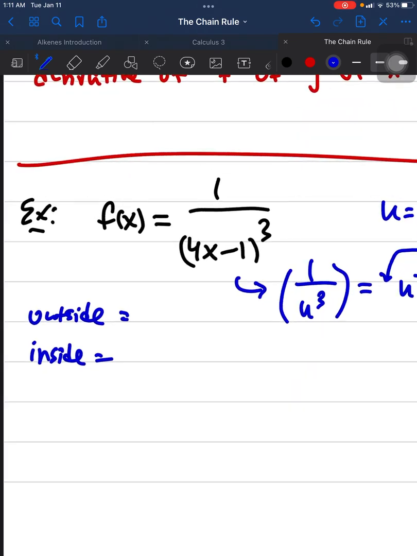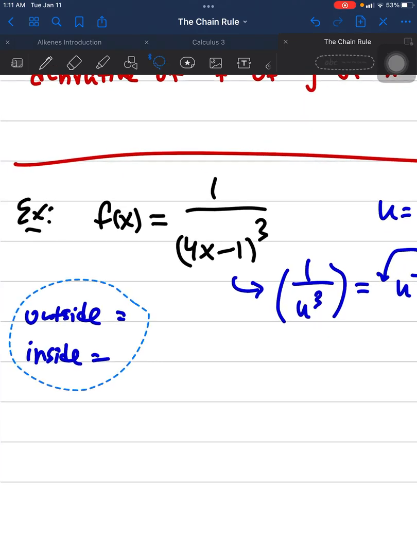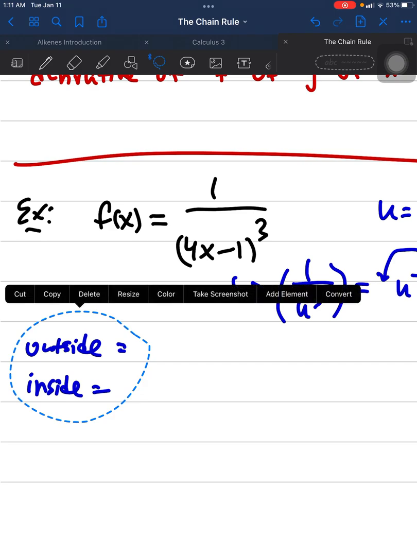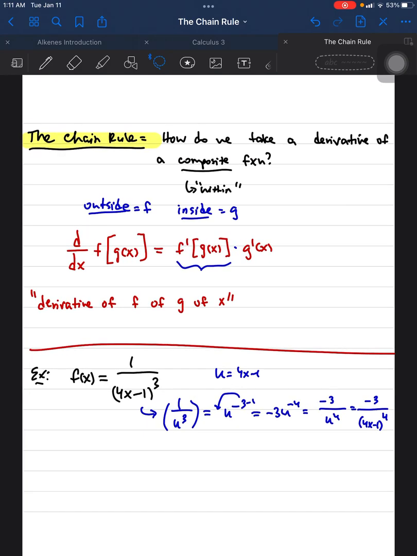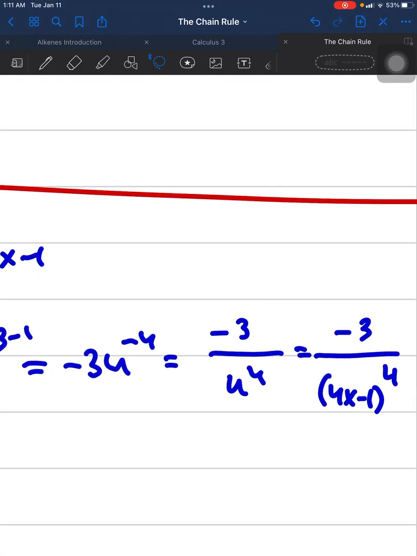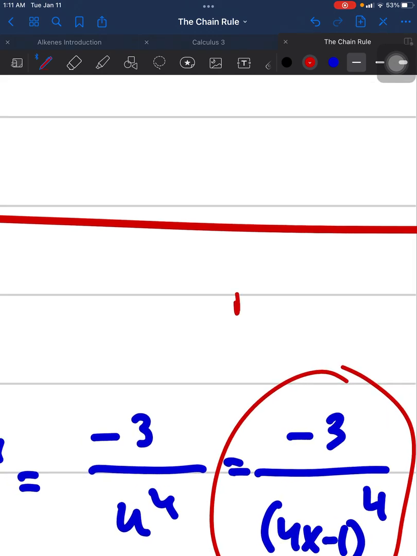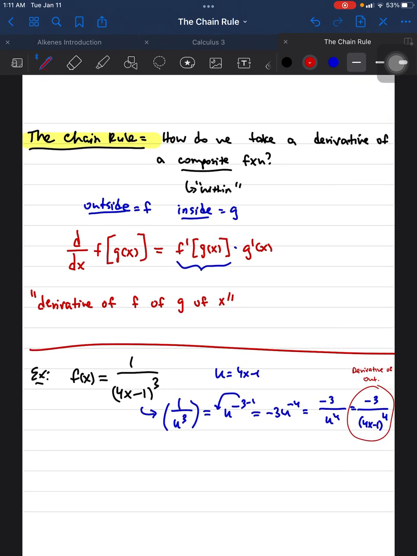So now we know the derivative of the outside function right here. So I'm going to label it derivative of outside function.